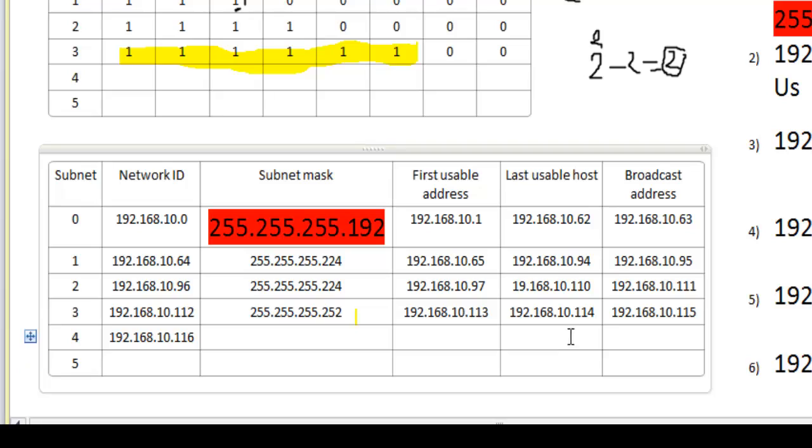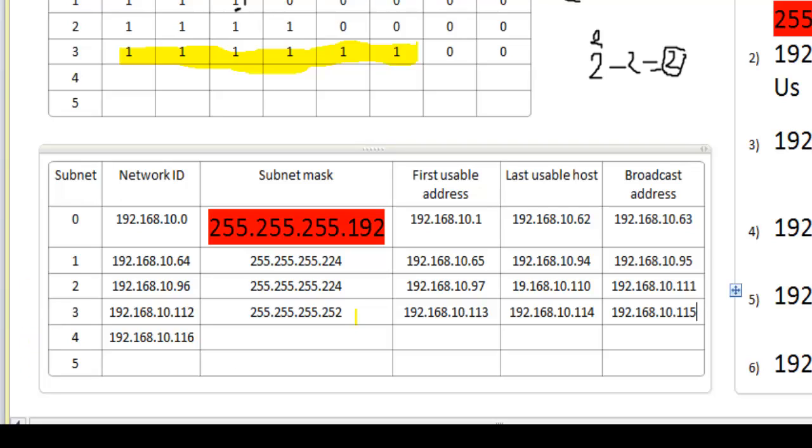You see, this one has only 2 IPs, from 113 to 114. 115 is a broadcast, and here again you see this one goes to 116, right? So it's starting from 116.